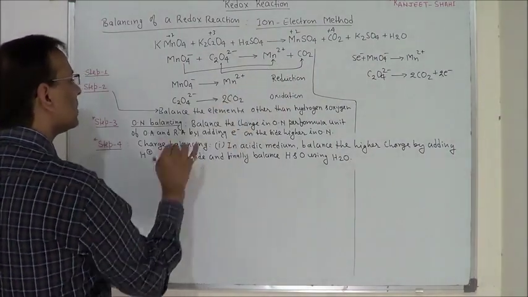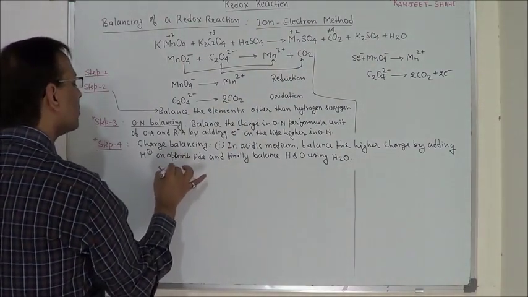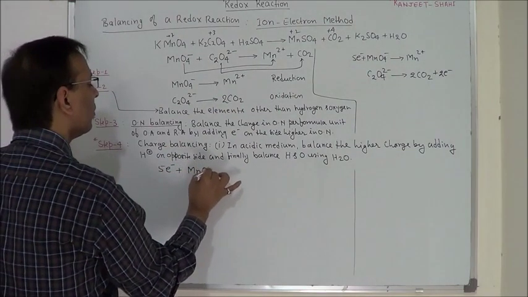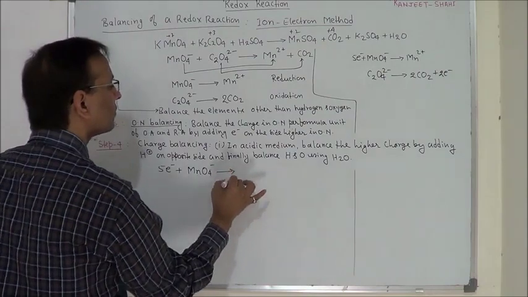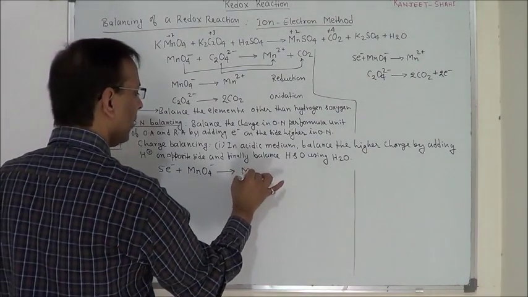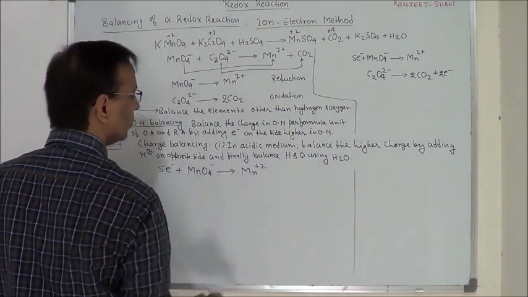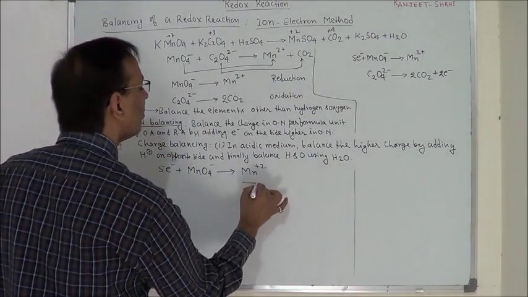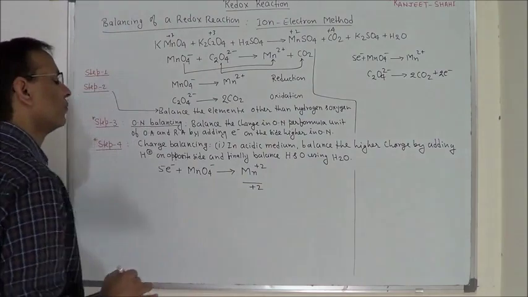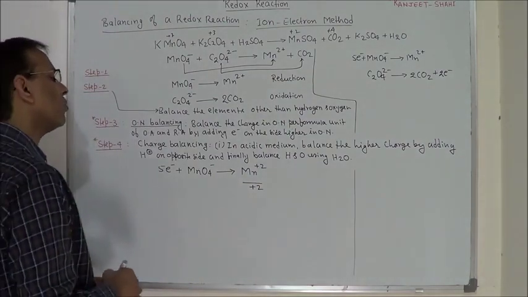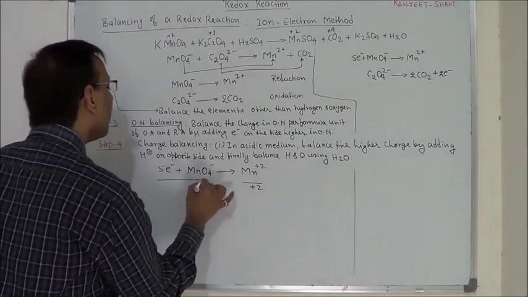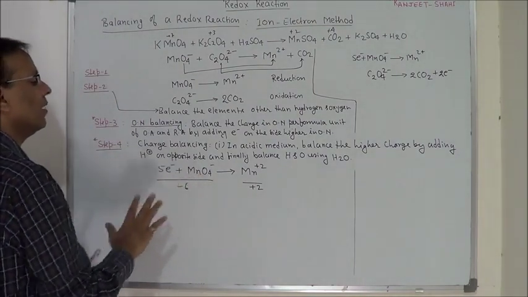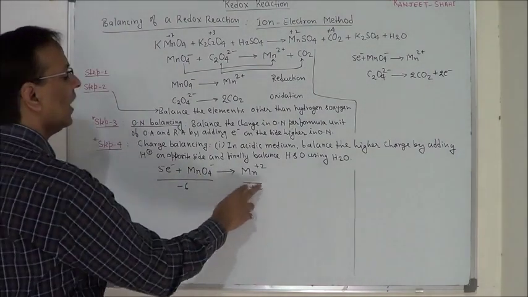So if we take the first reaction, 5 electron plus MnO4 minus giving Mn plus 2. If we determine the total charge on the right side, it is plus 2. If we determine the total charge on the left side, it is minus 6: minus 5, minus 1, minus 6. So this side is higher.